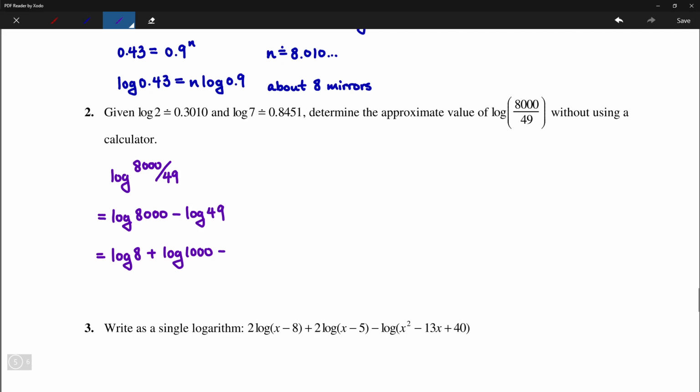And then for the last term, we can rewrite 49 as 7 squared. Likewise, we can rewrite 8 as 2 cubed. So we can have something that looks like this.